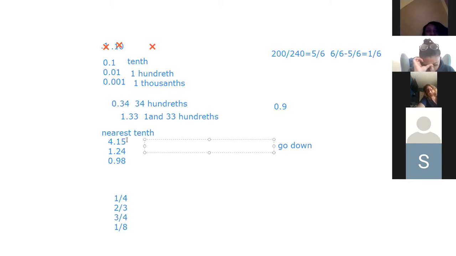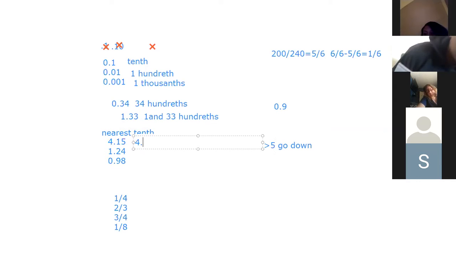So this would round up to 4.2, or 4 and 2/10. Because the 5 is greater than or equal to 5, we're going to make the tenth number go up.